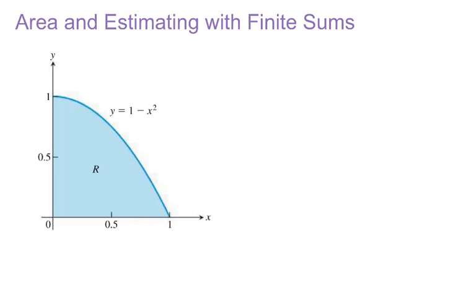So if we look at this graph here, we have the graph of y equals 1 minus x squared. And so what we can do is determine exactly what that area of space is. Leading towards some future logic, this could be represented in integral notation as the integral from 0 to 1 of 1 minus x squared dx.